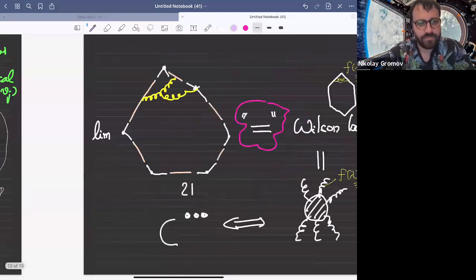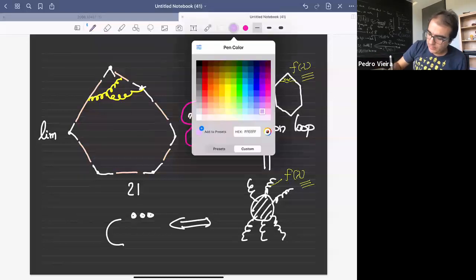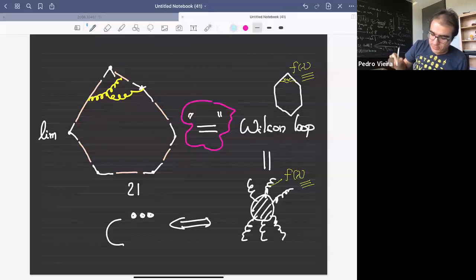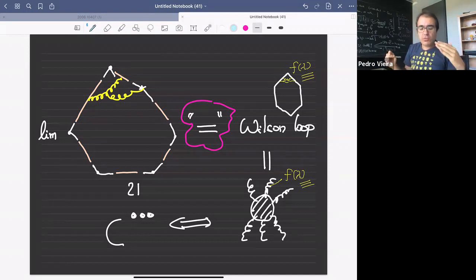So this picture says that when these points become null separated, you form a classical particle. But already in this paper, they said this is a bit dangerous, because this particle is not really a classical particle. It's a particle that wants to propagate on a null line, but it's a quantum particle. And so these particles interact with each other, right? This particle interacts with this particle.